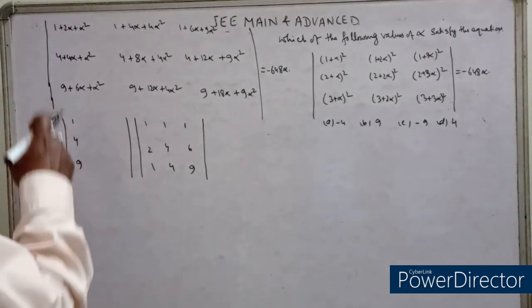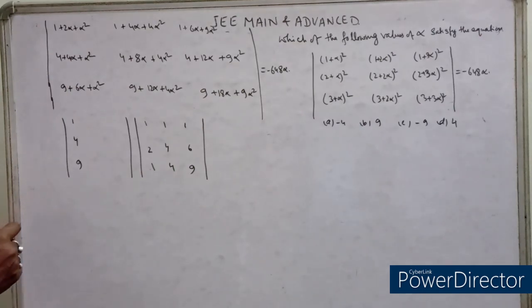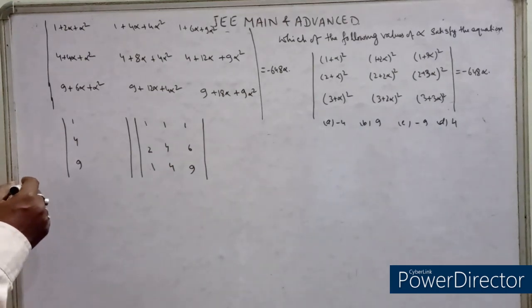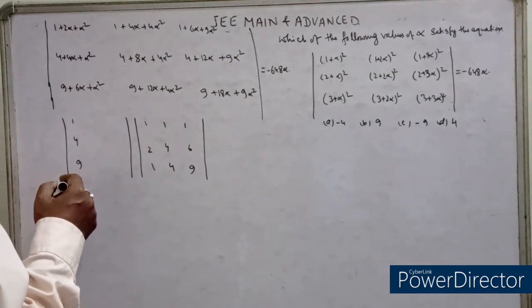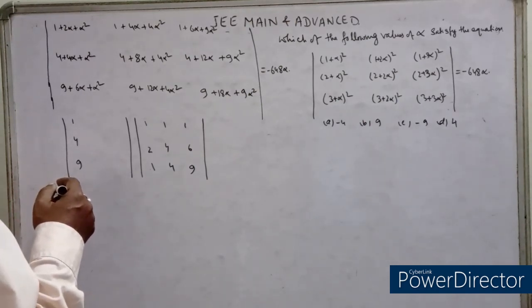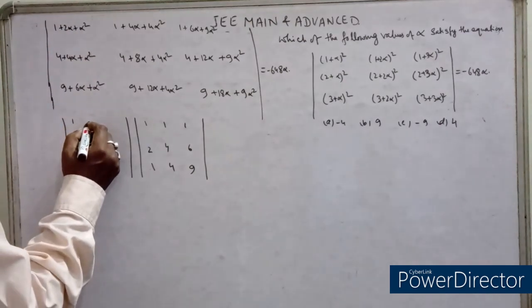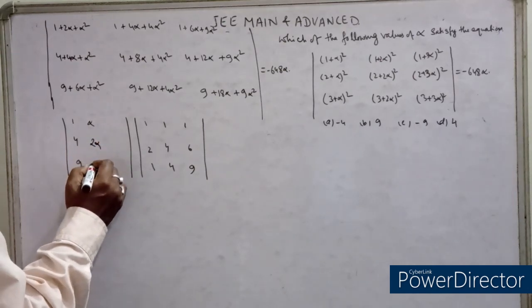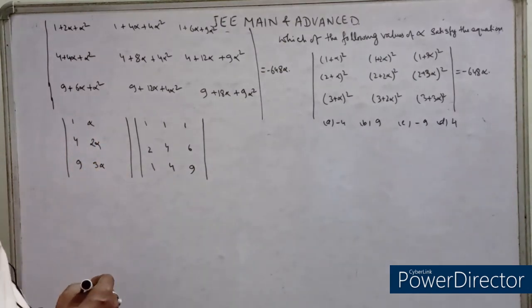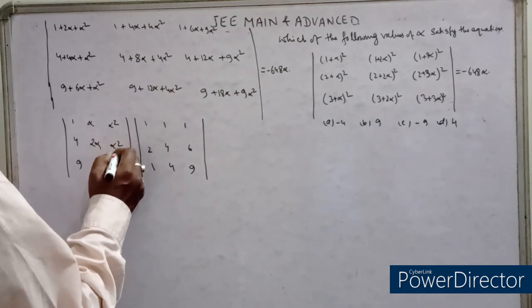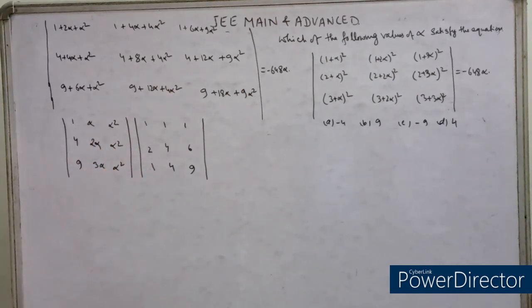That means 1, 4, 9 here. For this, let me take alpha, 2 alpha, 3 alpha, and here alpha square, alpha square, alpha square.